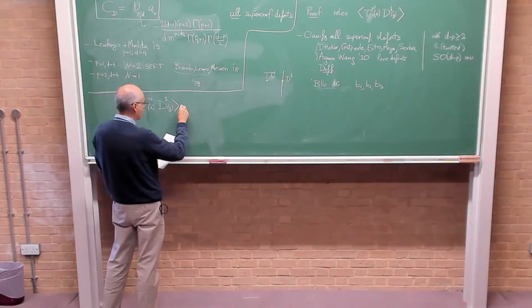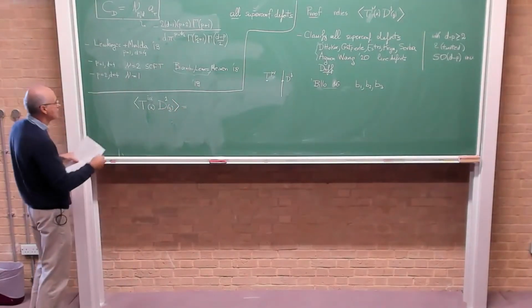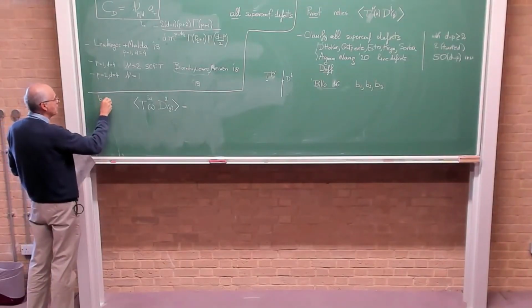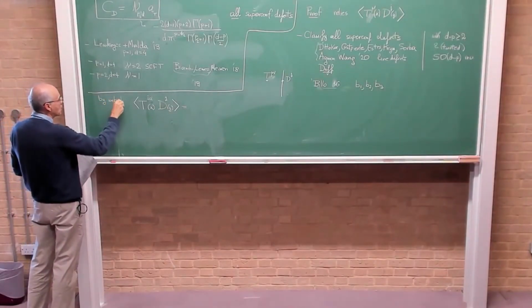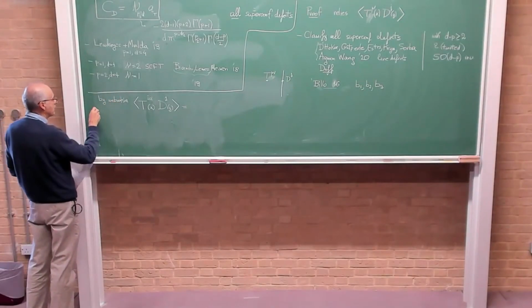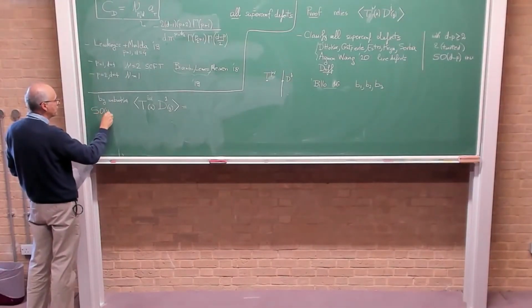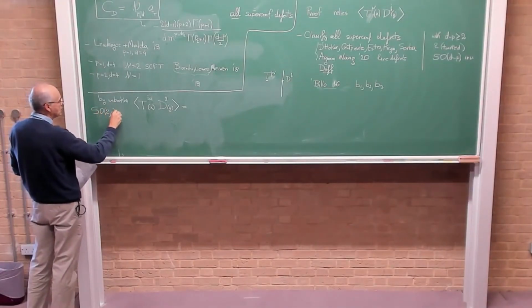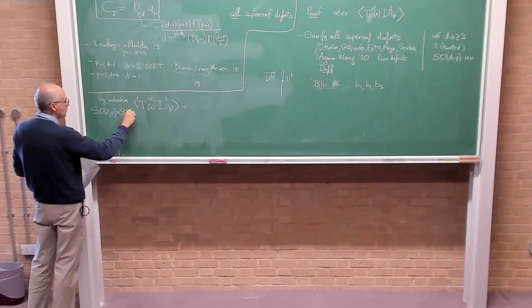This is completely fixed by the unbroken symmetry, namely SO(2,p), the conformal group, times the rotations SO(d-p).